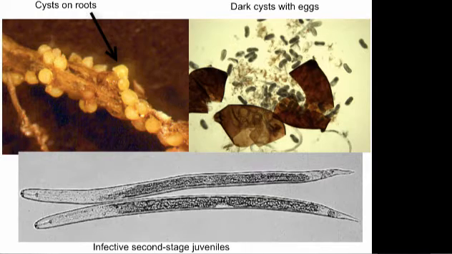So it grows from this stage to this globular, sort of pear-like, lemon-like shape as a mature reproductive female. And then upon senescence, this white female, and these are many females on one soybean root, undergoes a tanning process. The cuticle becomes very dark, becomes leathery, and inside are numerous eggs. And this is a protective structure for survival.